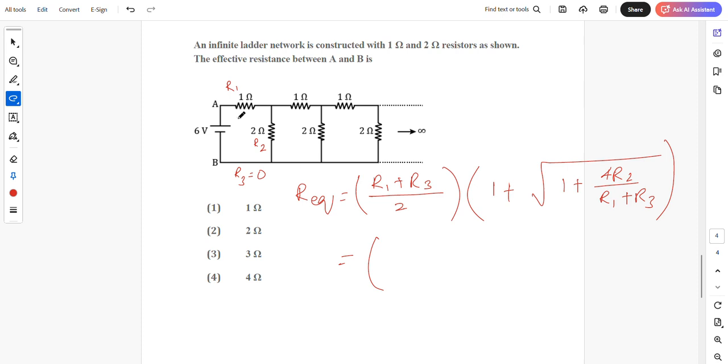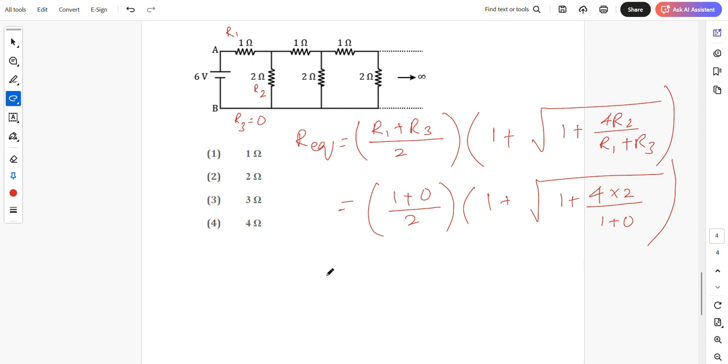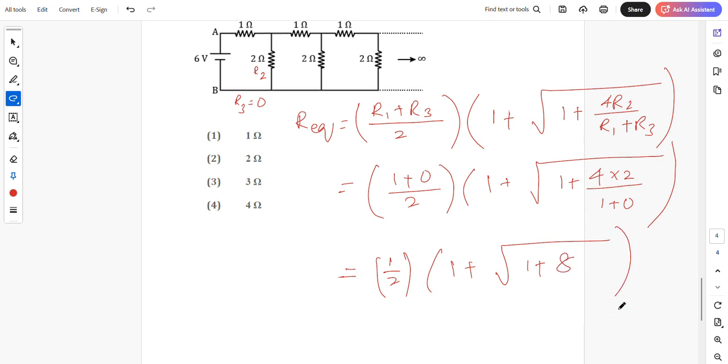R equivalent is equal to, how much is R1? 1. R3 is 0. So 1 plus 0 by 2 into 1 plus square root of 1 plus 4 R2, how much is R2? 2, divided by R1 plus R3, which is 1 plus 0, that is equal to 1 by 2 into 1 plus square root of 1 plus 4 into 2, 8.